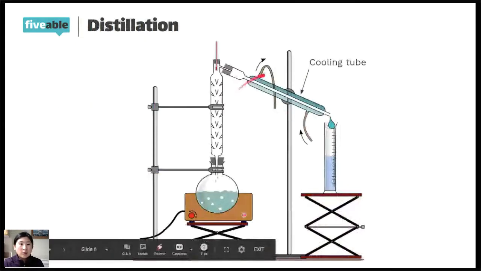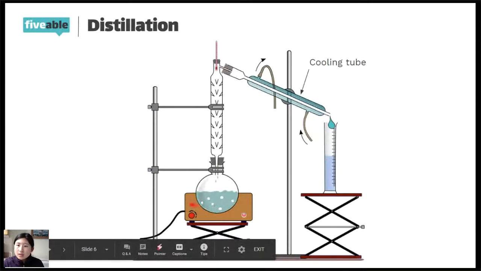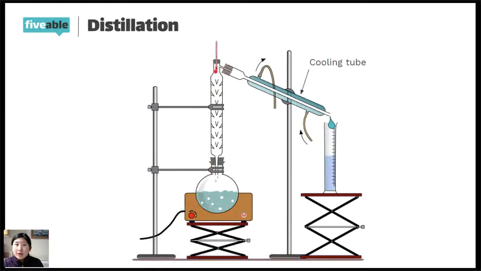So over here we have a little animation or a little picture of what it actually looks like. You see here we have a heating device, and we also have a thermometer up there to keep the temperature in check. And then the component with the lowest boiling point moves up this tube, and into this tube it will start cooling.